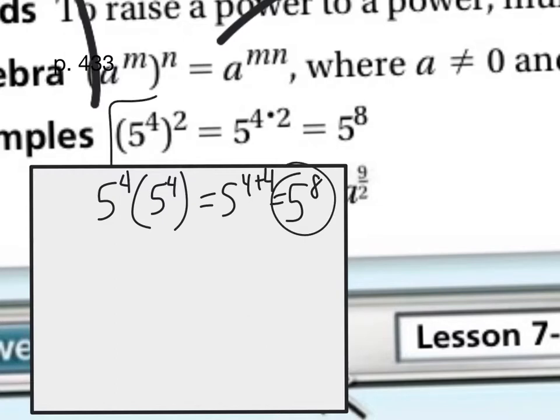Anytime you're doing problems like this, you are welcome to rewrite it this way and not necessarily worry about the multiplication. The problem I've seen some people have is that they do the way the book's talking about, multiplying exponents, and then in these other problems we were doing in the last lesson, we were adding exponents, and then they get confused, like when do I multiply the exponents, when do I add the exponents?